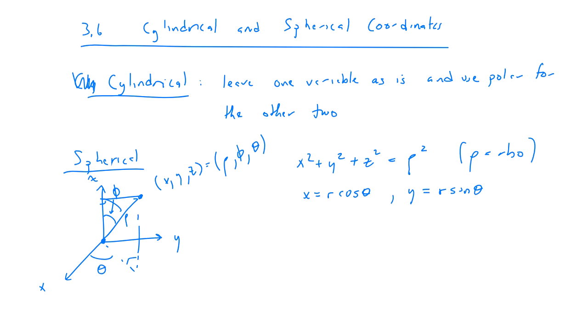So since this is r, this length is also r. So what is r in terms of rho and phi? This, of course, is z. Actually, I can start with that one. What is z in terms of rho and phi?